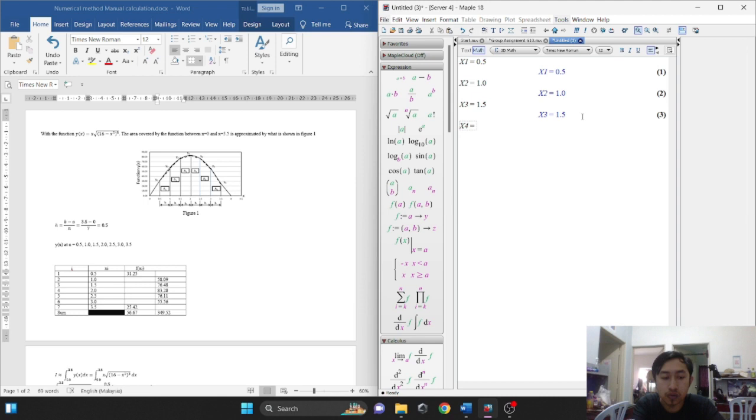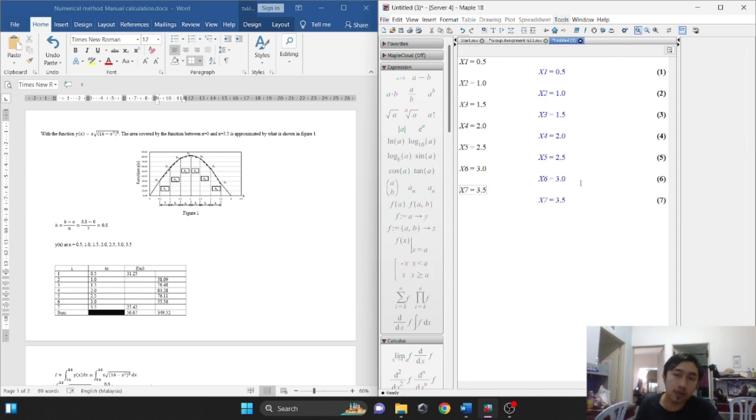X4 is equal to 2.0. X5 is 2.5. X6 is equal to 3.0. And then lastly x7 is equal to 3.5. So these are the xi.